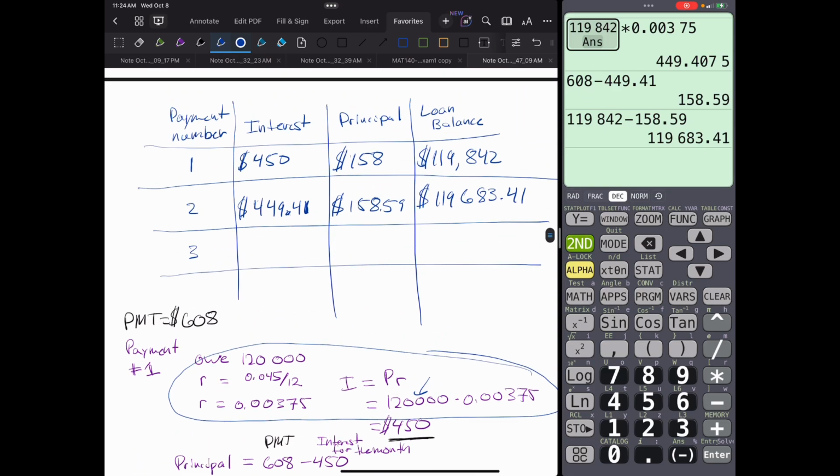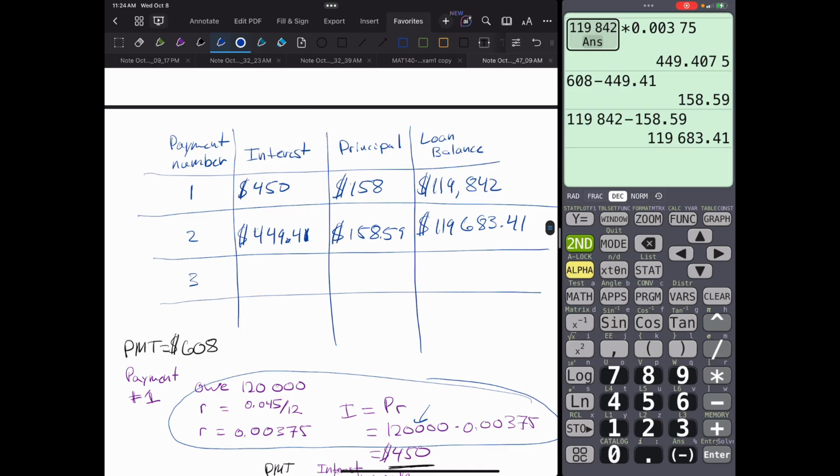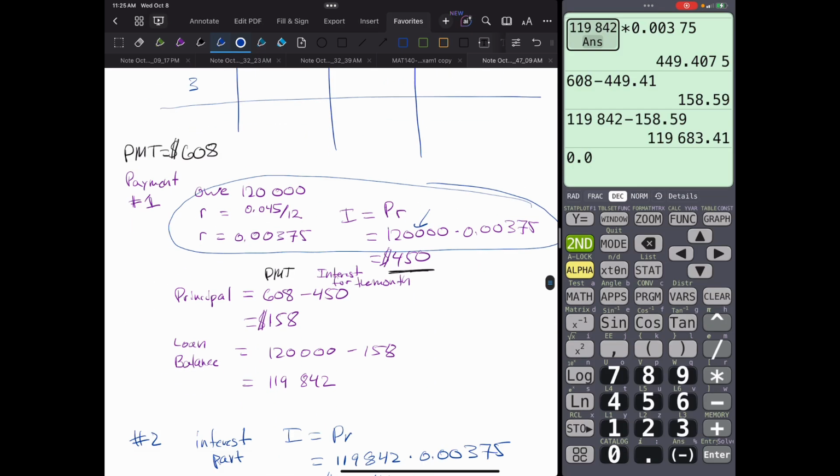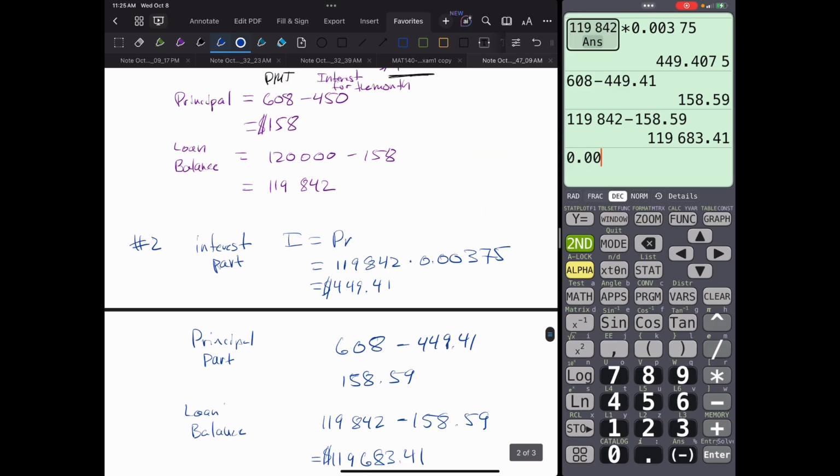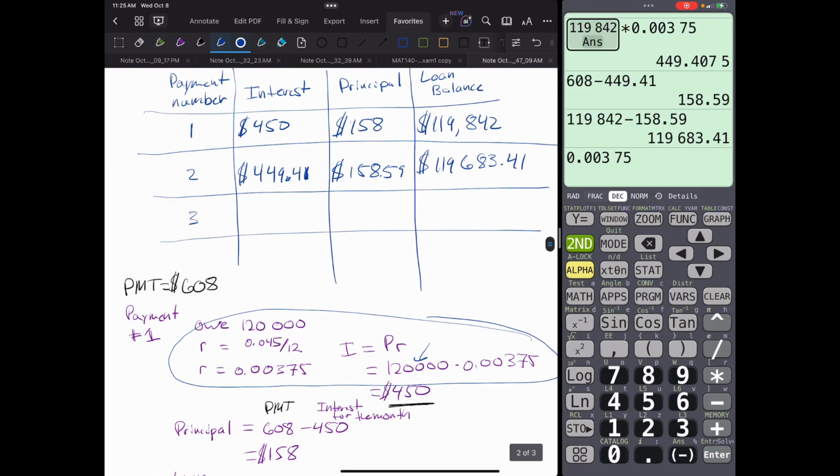What do I need to do this time? I need to find the interest that I'm going to pay on this loan balance for a month. Well, I don't really even have to write all the pieces down at this point. I can say that I'm going to be paying the 0.0375 for my interest rate.